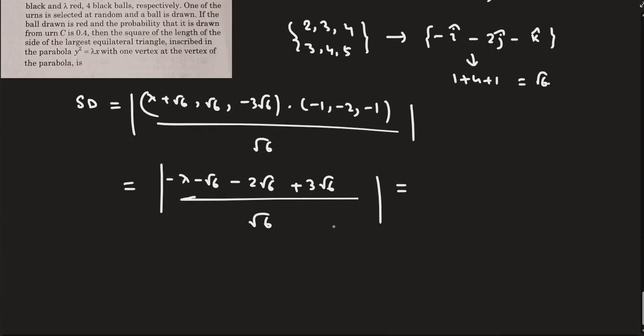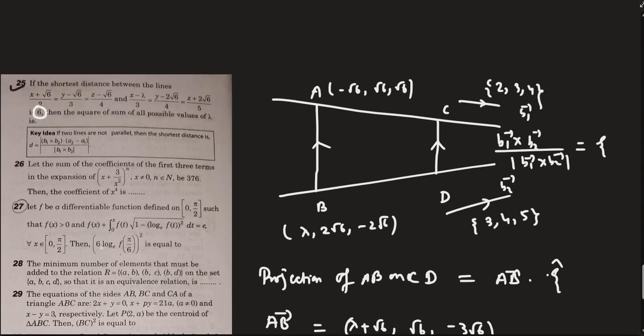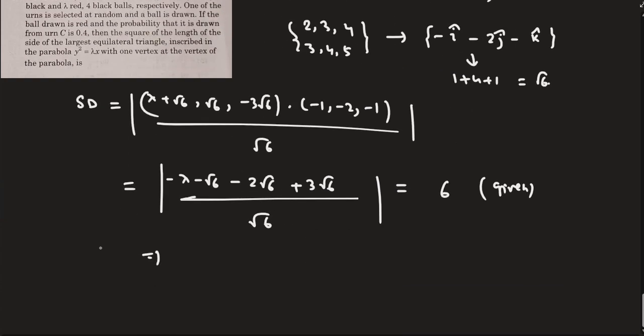So according to the question, this is nothing but 6. What they are saying in the question is the sum of the squares of all the possible values of lambda. Okay, all possible values of lambda we have to calculate.